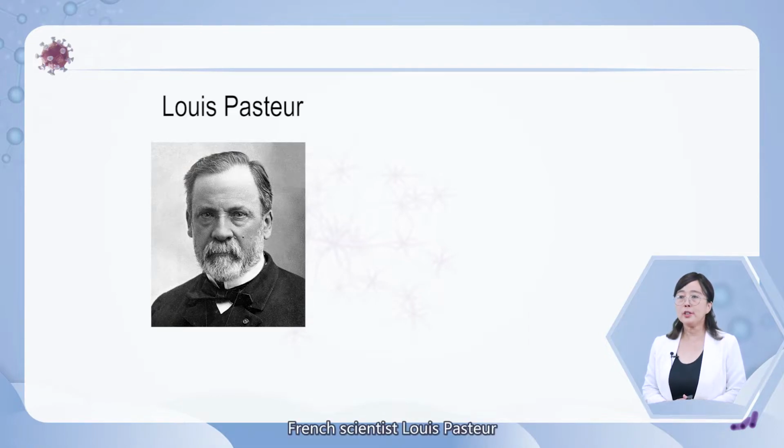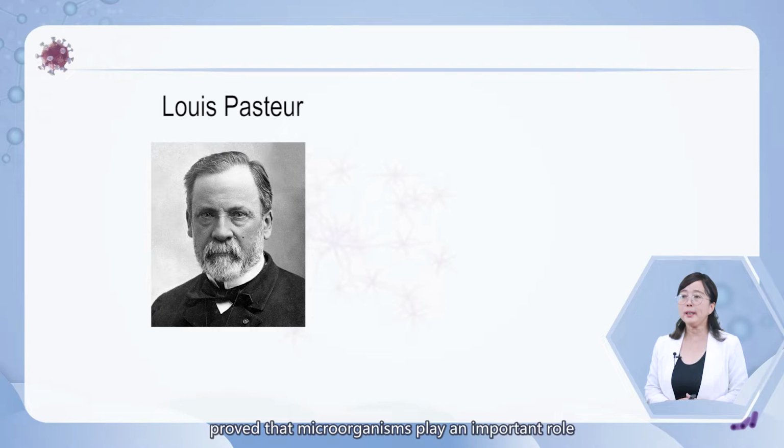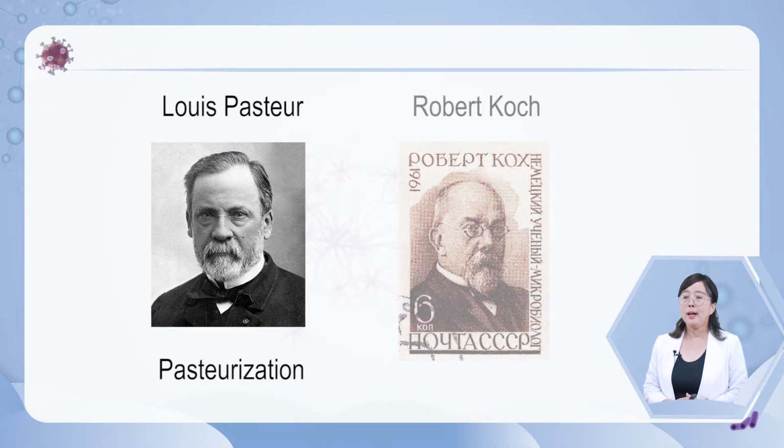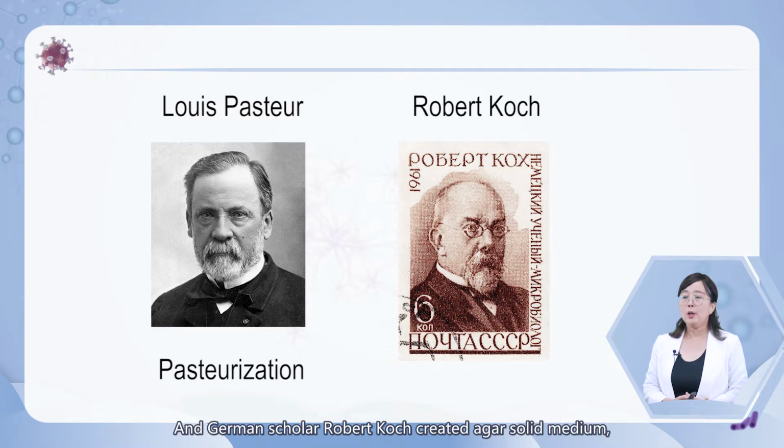In 1857, the French scientist Louis Pasteur proved that microorganisms play an important role in liquid fermentation. Pasteurization was introduced, and the German scholar Robert Koch created agar medium, which was the first successful culture of bacteria.